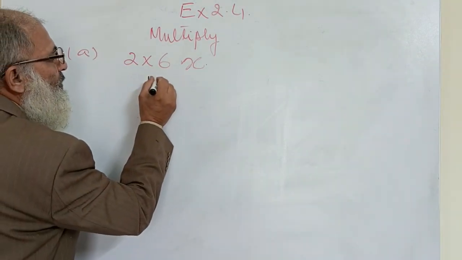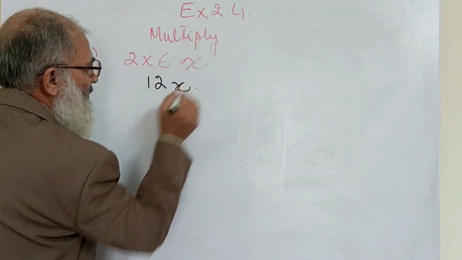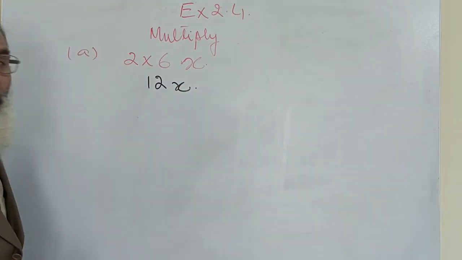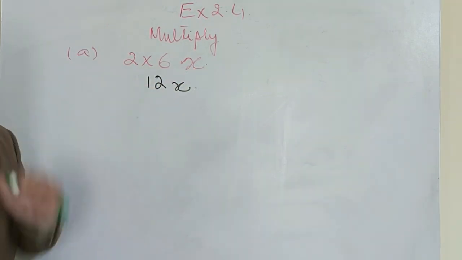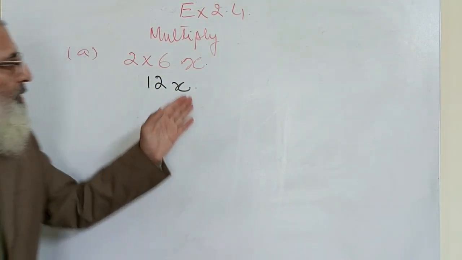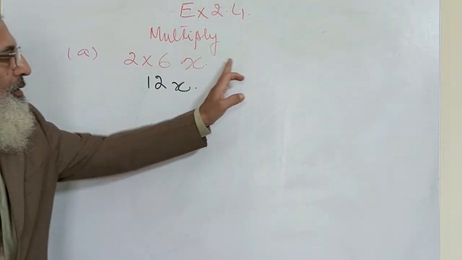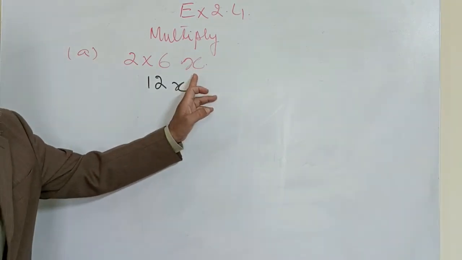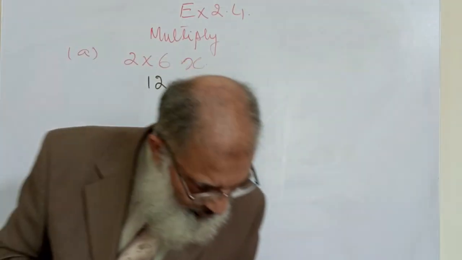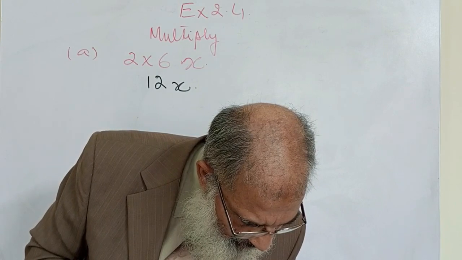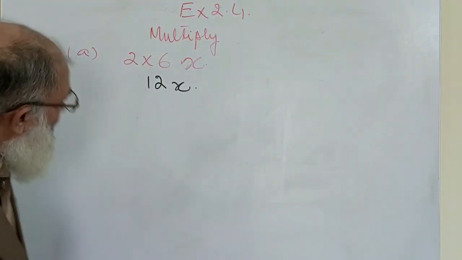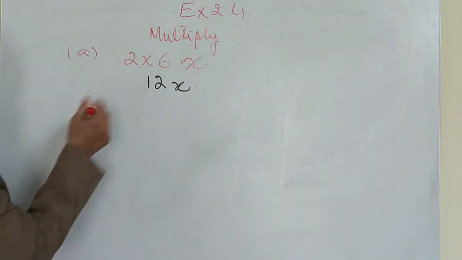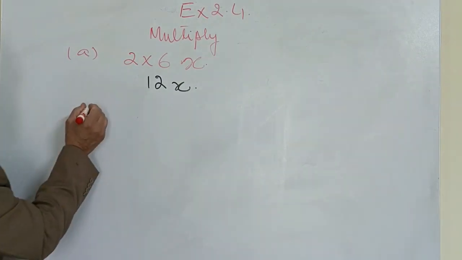So it is very simple, and it is 12x, and x will be written as it is in the question. So you see that nothing has been done to the x. Some parts are just the same.